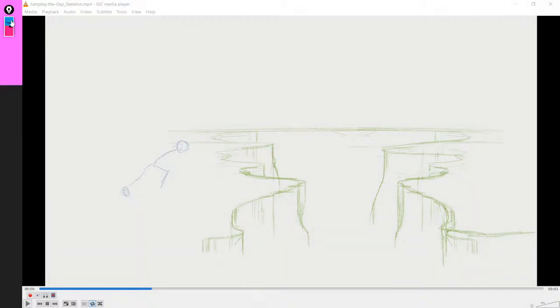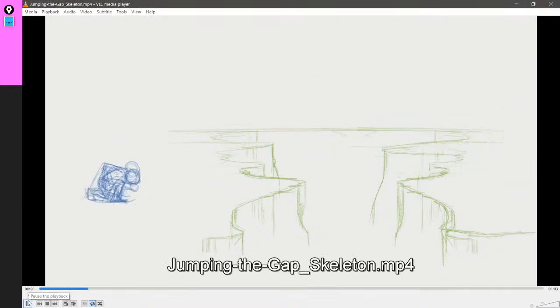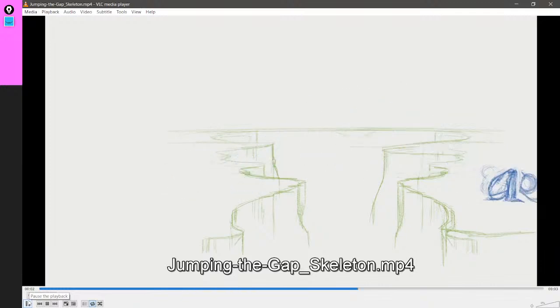Your draftsmanship is really good. Your poses are really good. Thank you. But these issues of spacing, and especially the spacing and not using keyframes, are important to recognize.